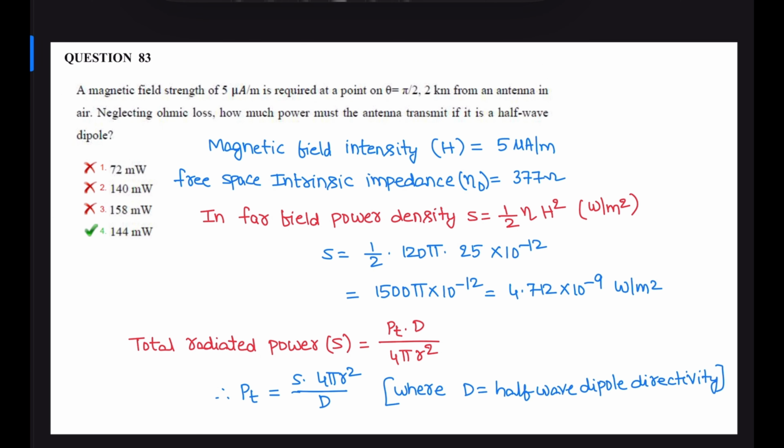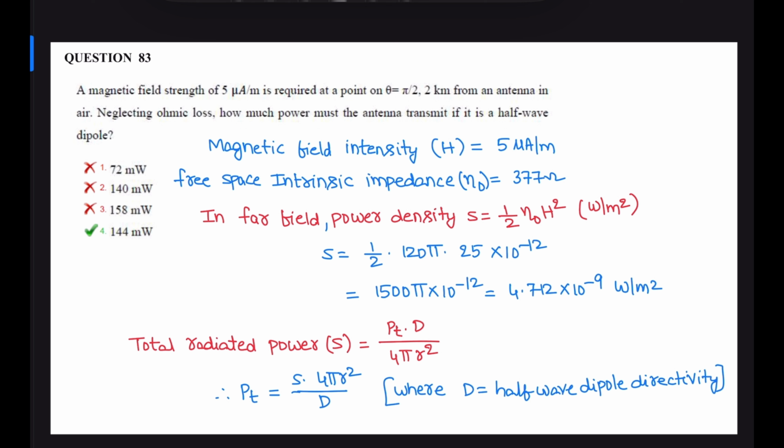In far field, power density S is equal to 1 by 2 eta naught H square. Eta naught is 120 pi, that is 377. H is 5 microampere per meter whole square.